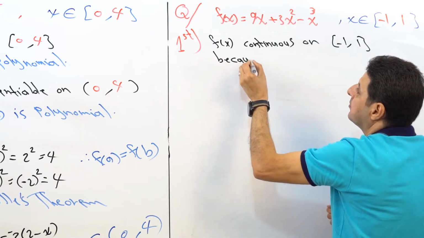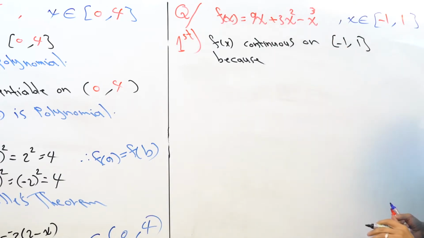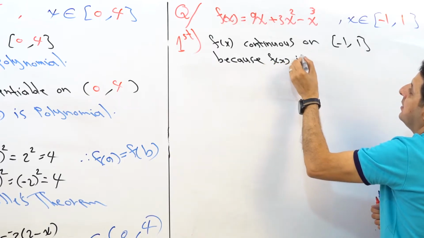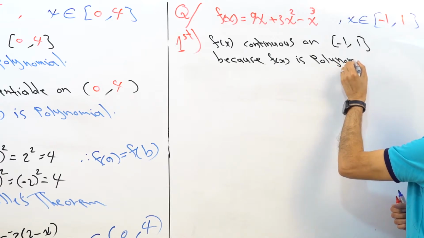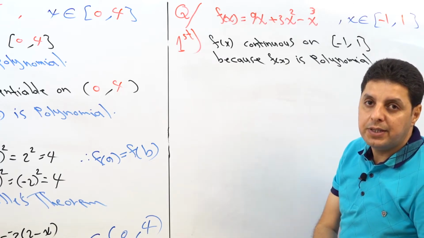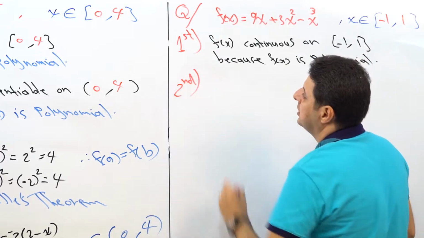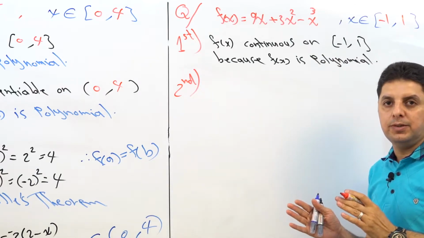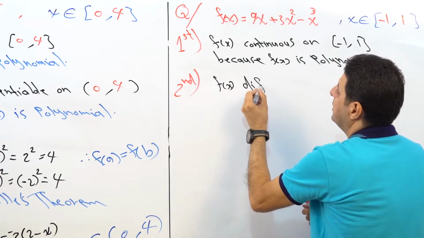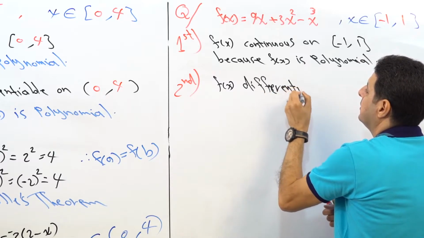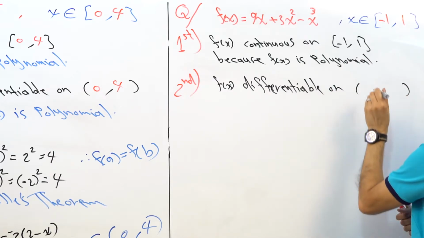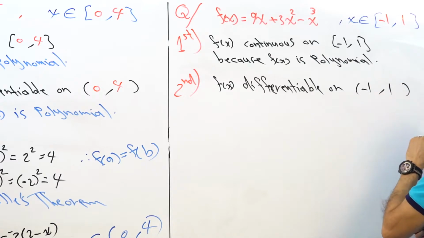Because the function is a polynomial, as we learned in the previous two examples. Second condition: differentiability. f of x is differentiable on the open interval (-1, 1).